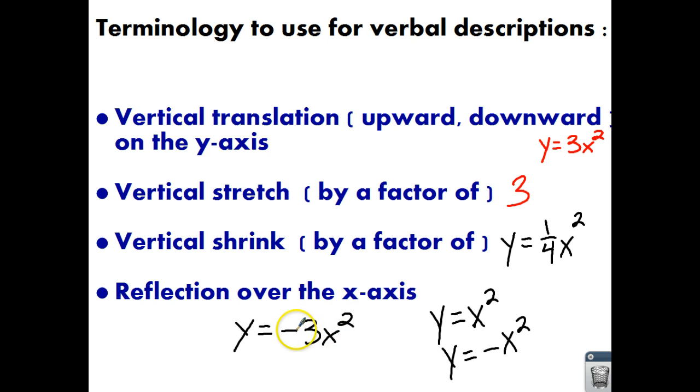So that would be a reflection over the x-axis, and then a what? That would be a stretch, a vertical stretch by a scale factor of 3, positive 3. So the reflection is the negative and the scale factor of positive 3. We will talk about that in class.